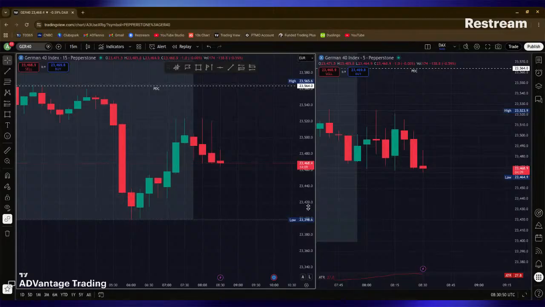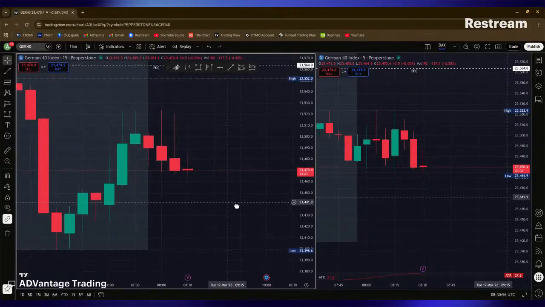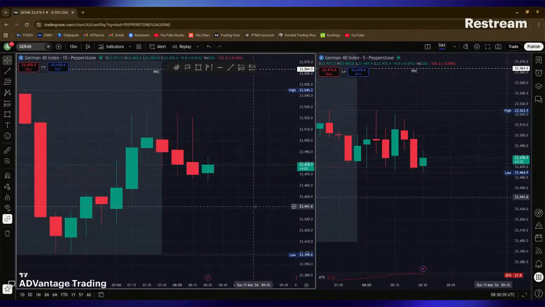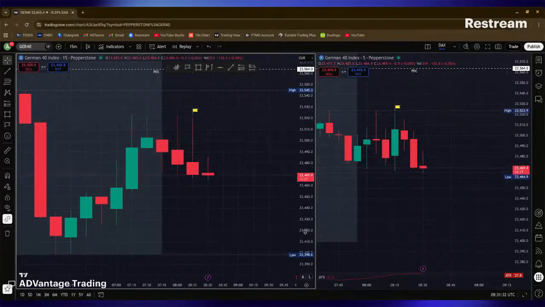Okay, so the market did just move below the second 15-minute bar here. So it's this bar with the yellow flag above it.